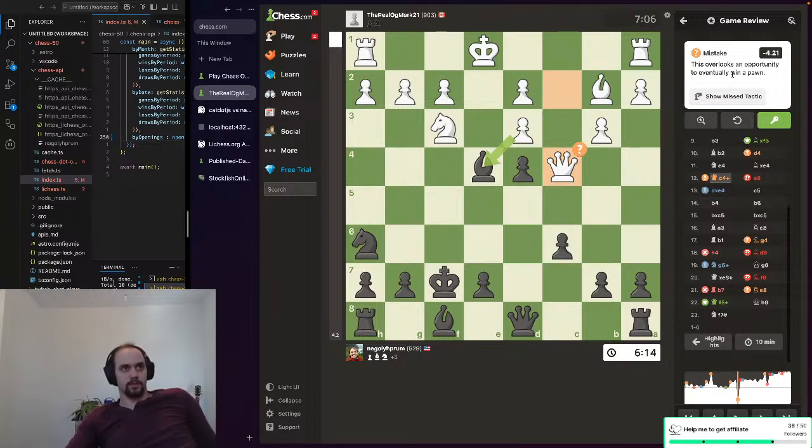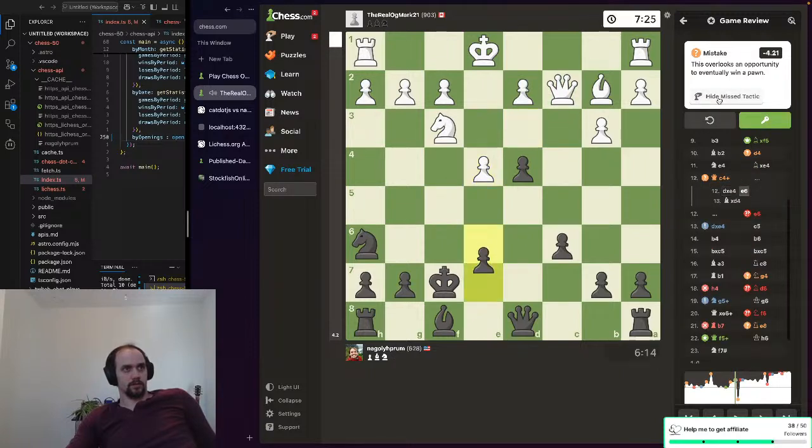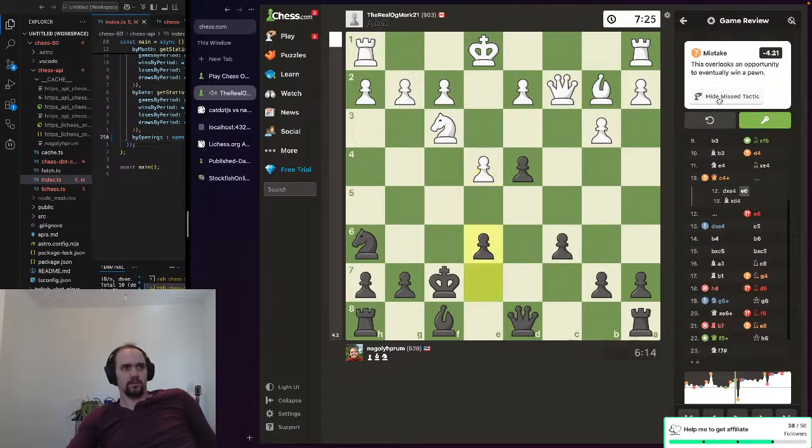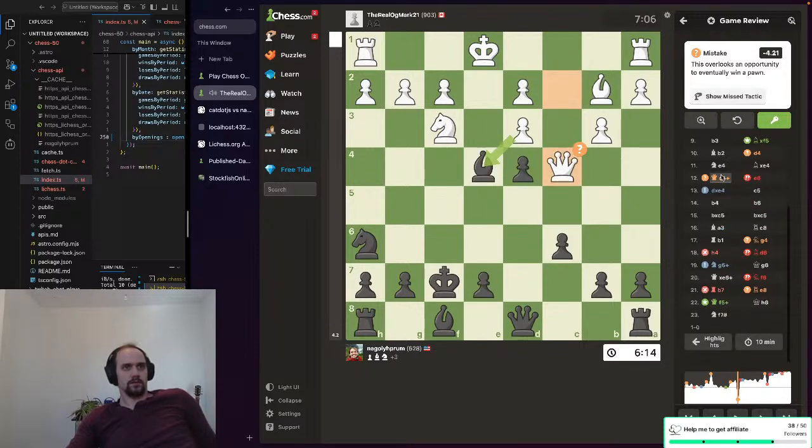This overlooks an opportunity to eventually take a pawn. Okay, show me. What? Oh, this is for white.